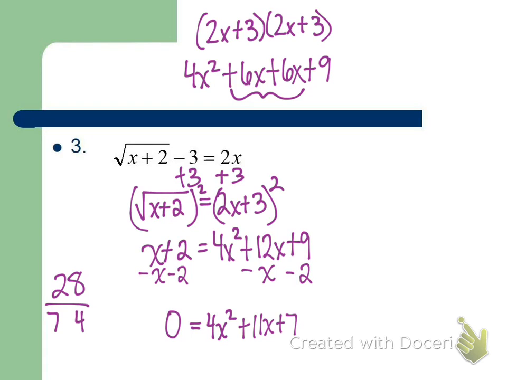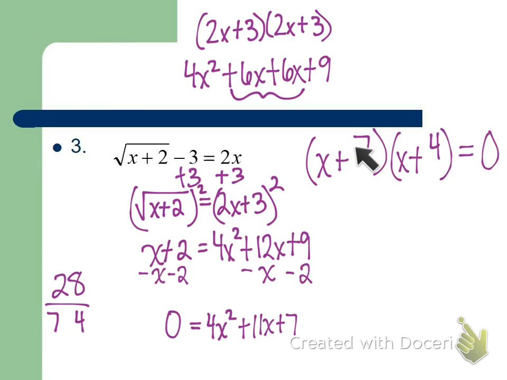7 and 4. We are going to put those in parentheses kind of temporarily. Plus 7 and plus 4. But with bottoms up, we also have to remember that these are both going to be divided by what? The first number, which in this case is 4.